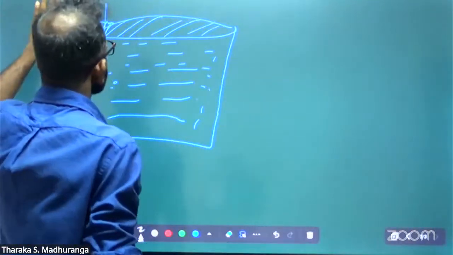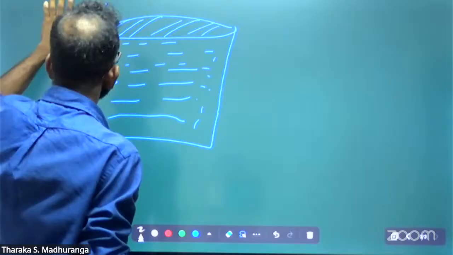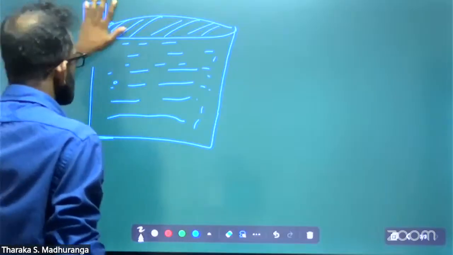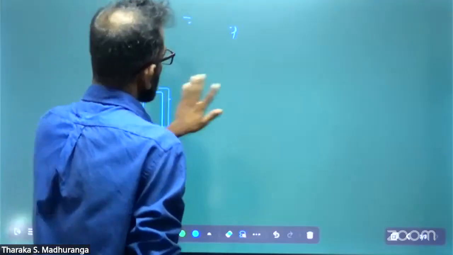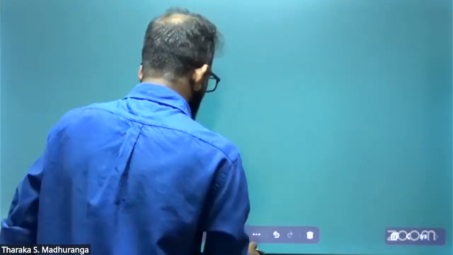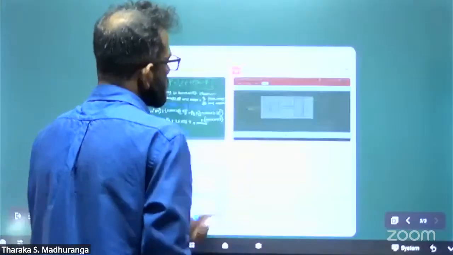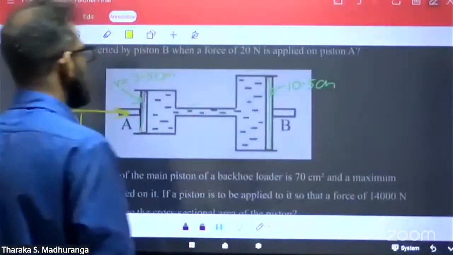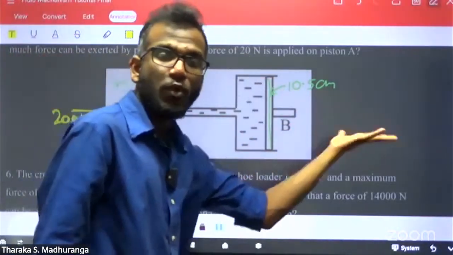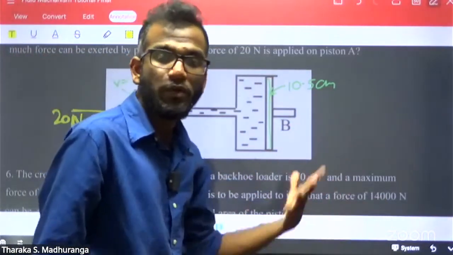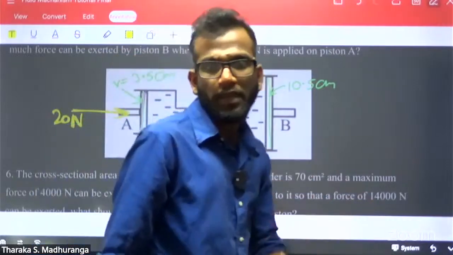Okay, as an application of Pascal's theorem, the main purpose is a pressure transmission system. By applying 20 Newton, we can get more force exerted and do more work by applying small forces.